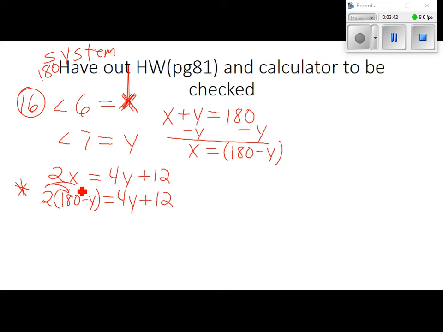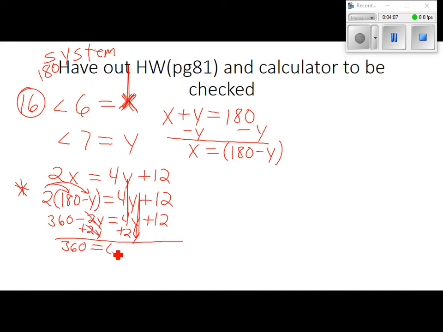So we solve it. Help me out. What's that give us? 360, 2 times the negative y. Now what? Good. Ignore all that. 360 equals, these canceled out, 6y plus 12.